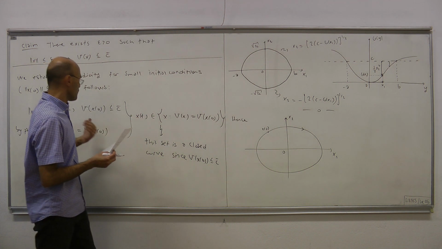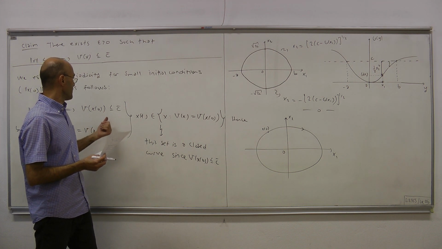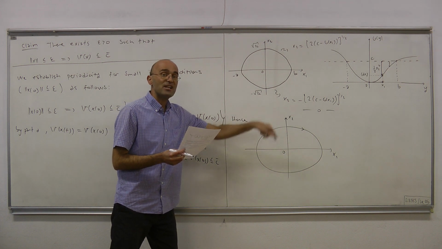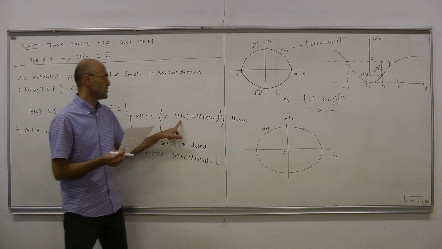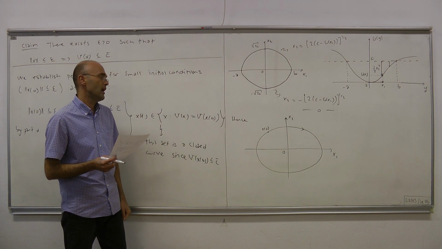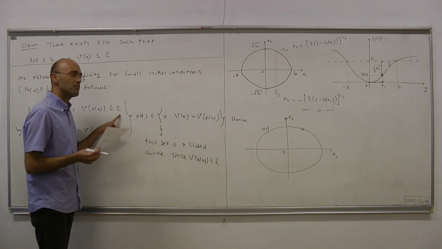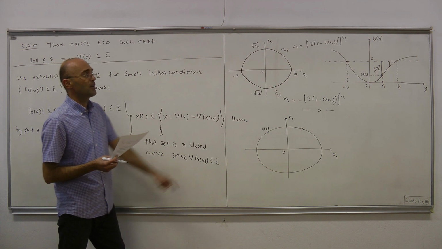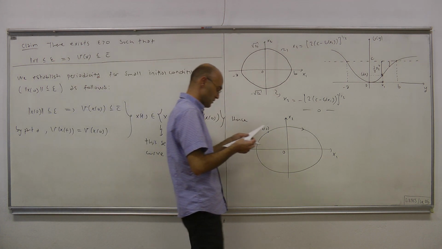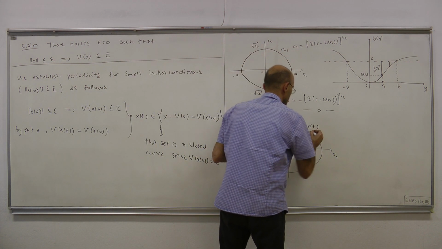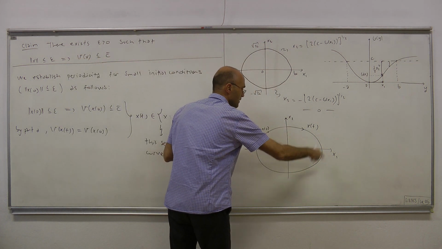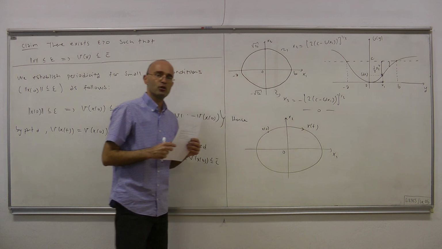And from that part A we know that for all future times, v of x of t must remain in this set v of x equals v of x of 0, and that set, because this is smaller than or equal to c bar, that set is a closed curve. Okay, so this is our x of t. Okay. Now, x of t always remains on that closed curve.